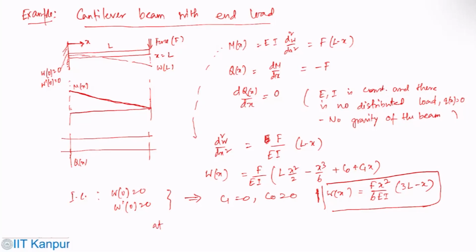So at the end point, which is x equal to L, W of L would be F L squared by 6EI into 2L. This one can write as F L cubed by 3EI.